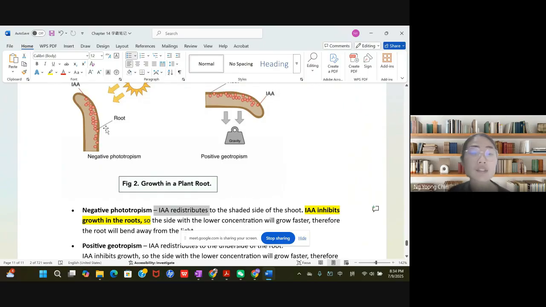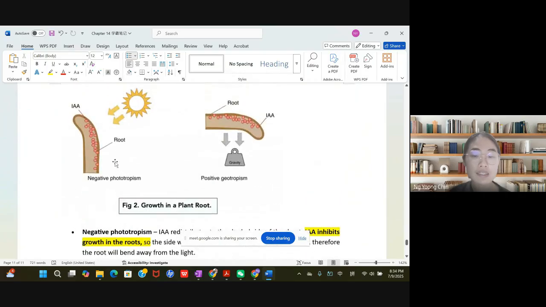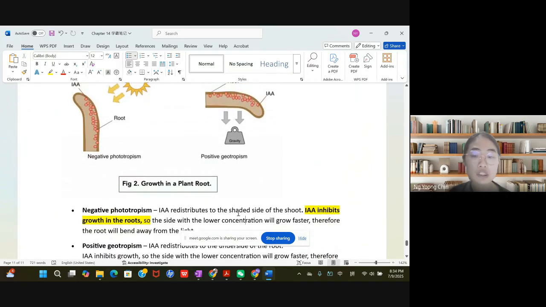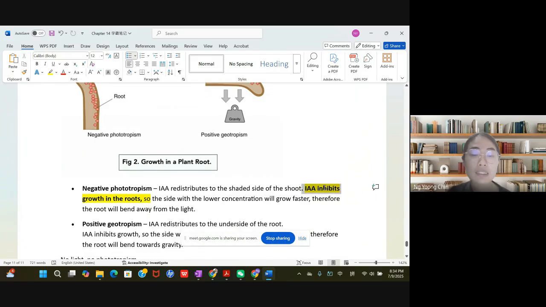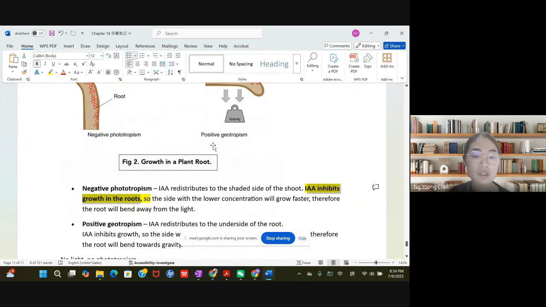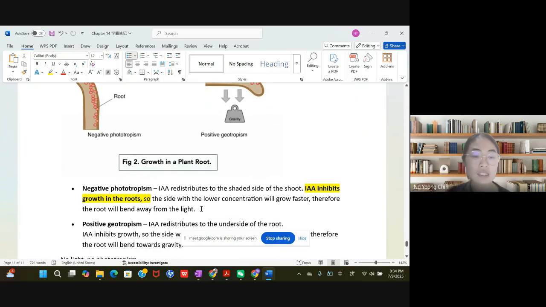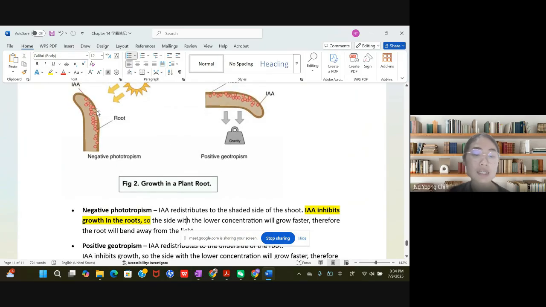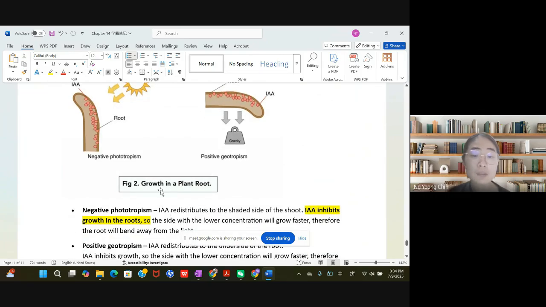But now in the root part, the auxin is redistributed to the shaded side, and then it will inhibit the growth in the roots. So the side with the lower concentration will grow faster, and then the roots will bend away from the sunlight. So that's why the roots show what? They show negative phototropism.